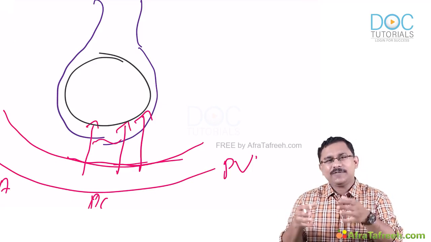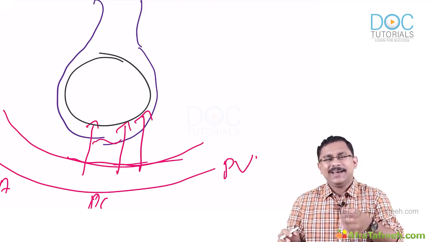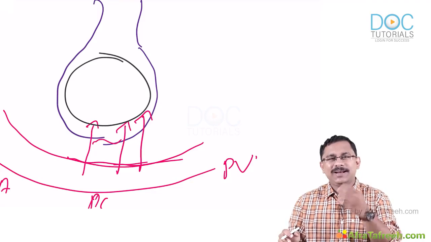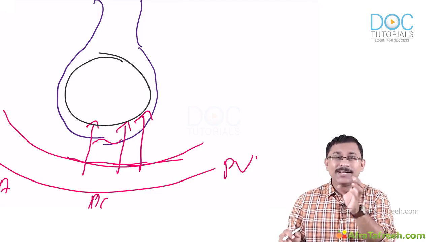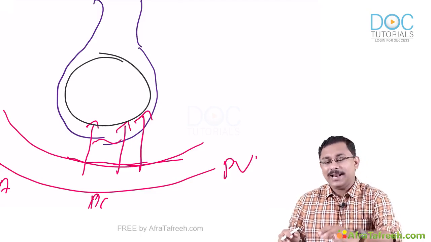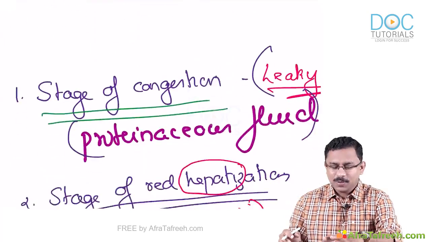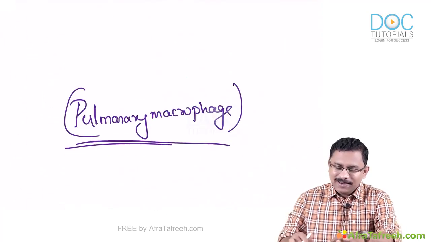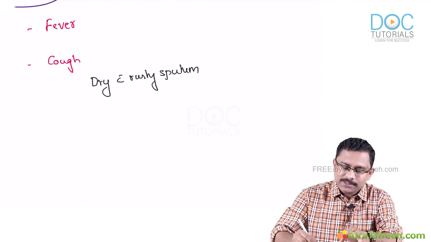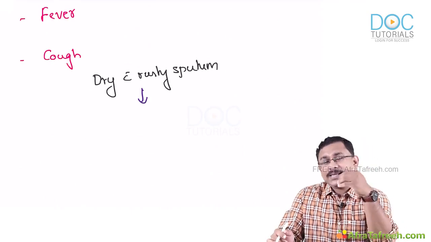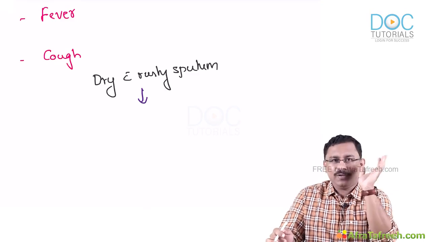But then once the stage of red hepatization happens and you have the RBCs, with subsequent breakdown of RBCs to hemosiderin, once the hemosiderin is formed, you will have a rusty sputum. So you have a dry cough with rusty sputum, but then it progresses so much that the infection exceeds the capacity of the macrophages.